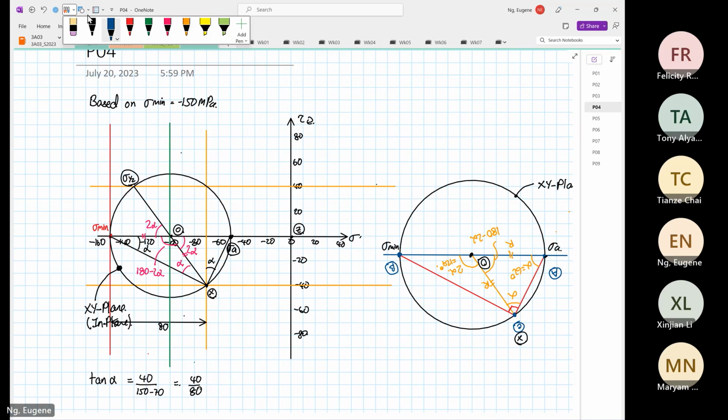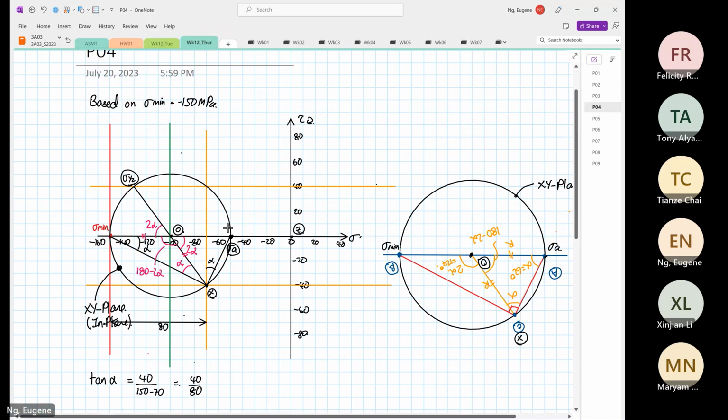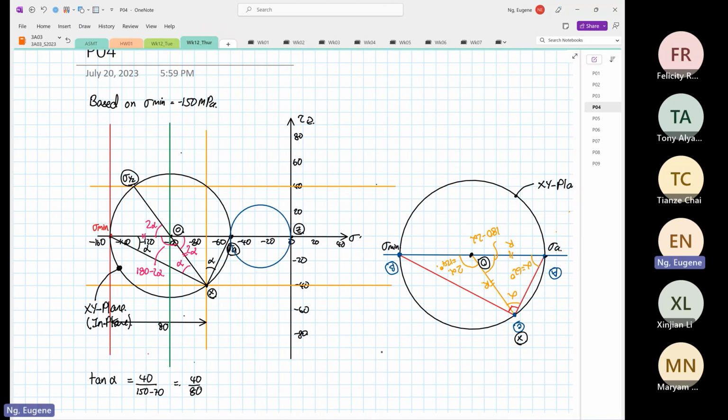Draw. And this circle is here. Okay. And this belongs to your XZ plane, which is your out of plane. And the final circle will have a radius of 75, right?